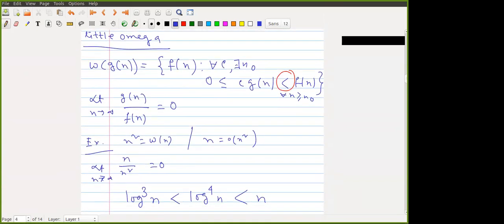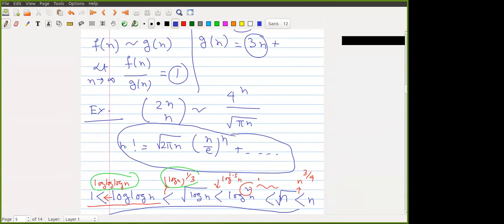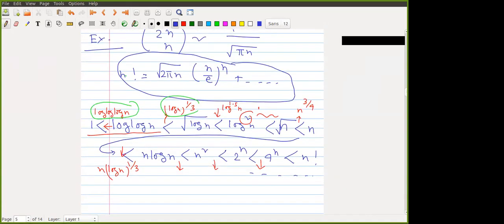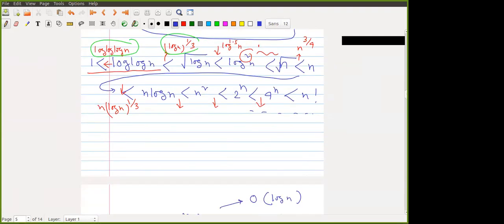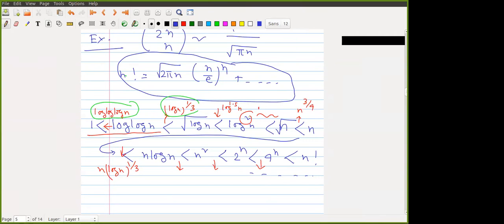And this is a rough kind of order-wise comparison between various common functions. Of course, you can put any set of functions in between this less than symbol, but this gives you an idea of what the orders are.